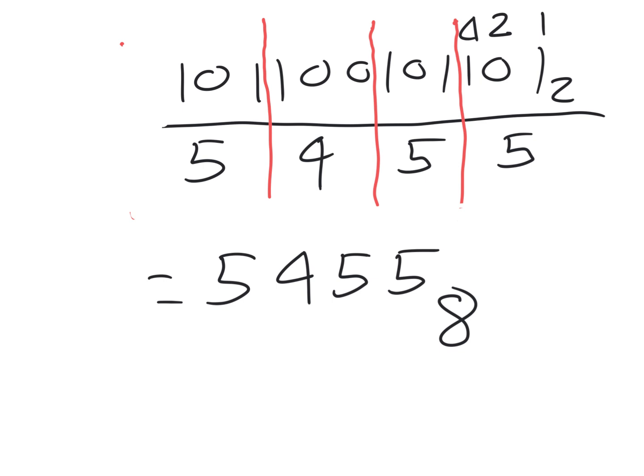Okay, let's do another one. 1, 1, 1, 0, 1, 1, 1, 1, 0. We got 1, 2, 3. Okay, all right, that should be okay. Again, these are all base 2.